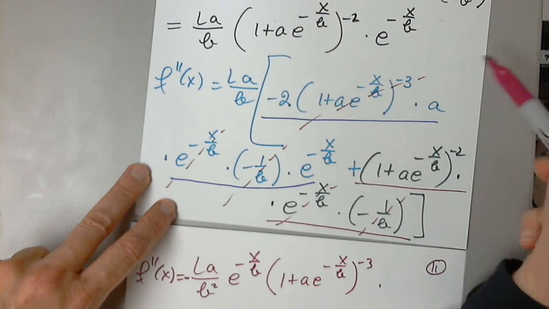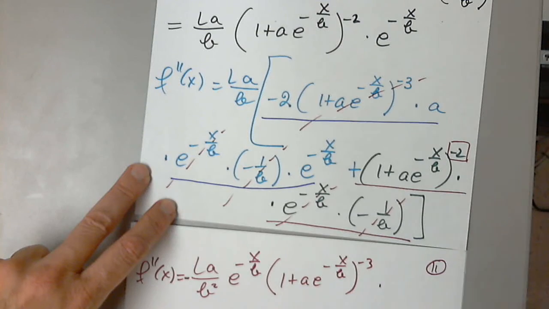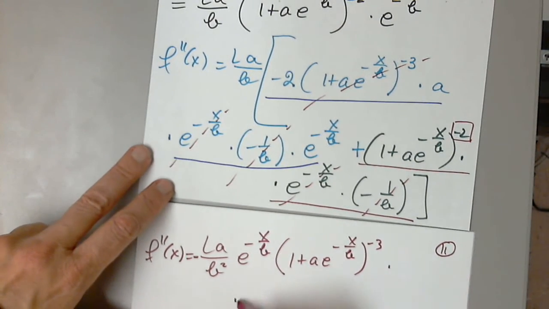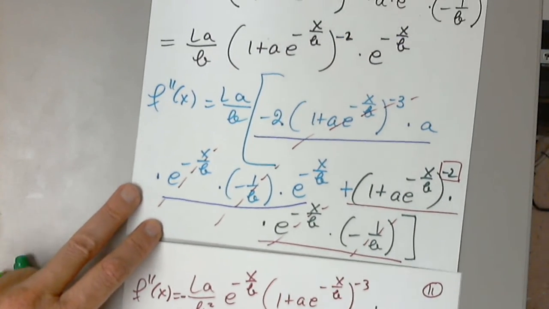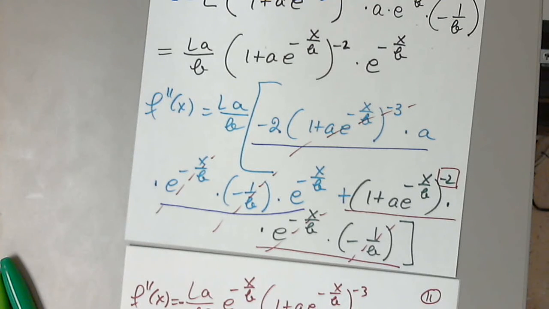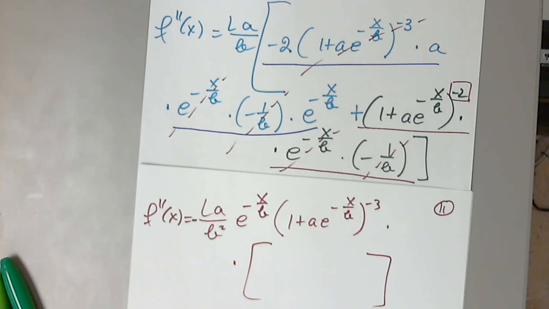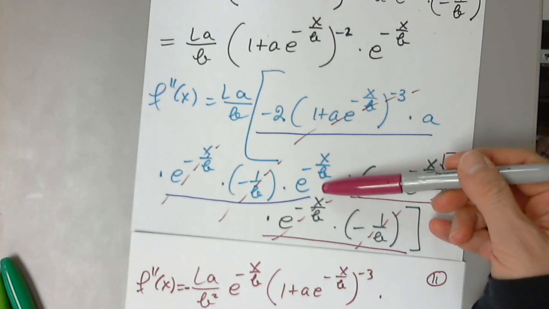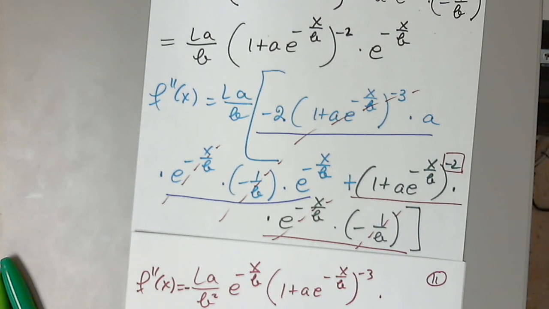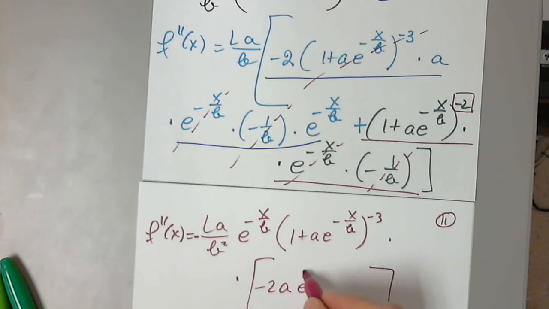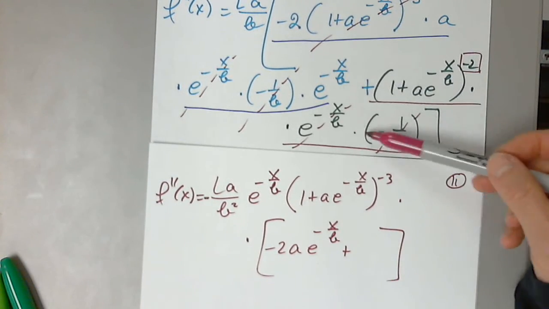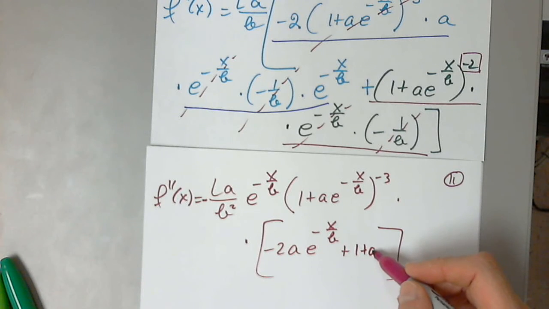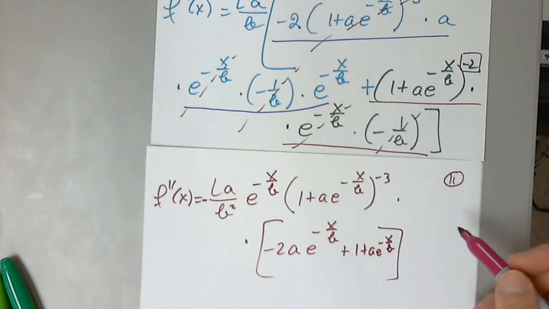So this is gone, but this one not entirely. So now please tell me what is left in brackets. It is a negative 2, and it is an a, and it's this, correct? So I have negative 2a e to negative x over b plus 1 plus a e to negative x over b.